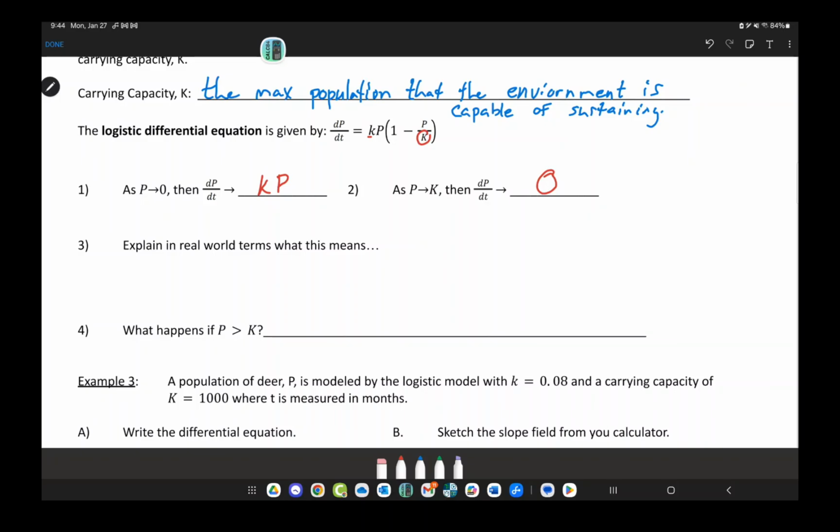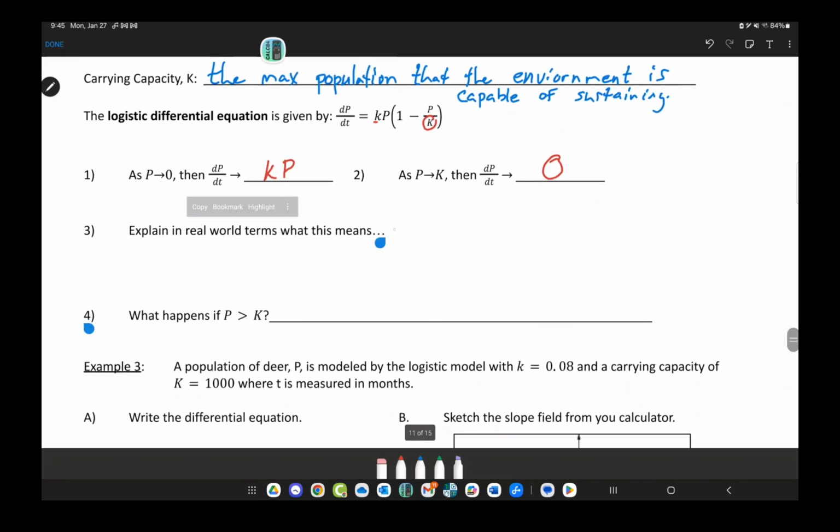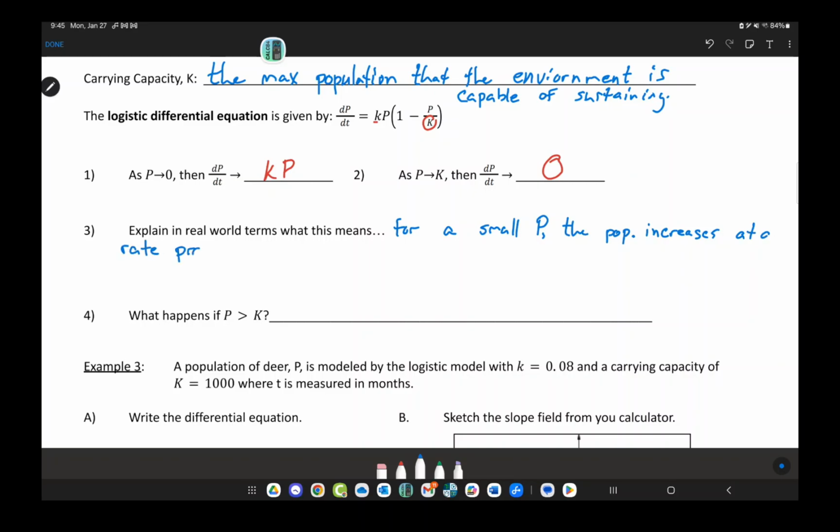All right. In real world terms, this means for a small P, the population increases at a rate proportional to the population at the given time.